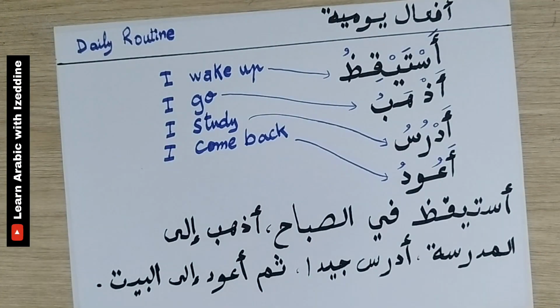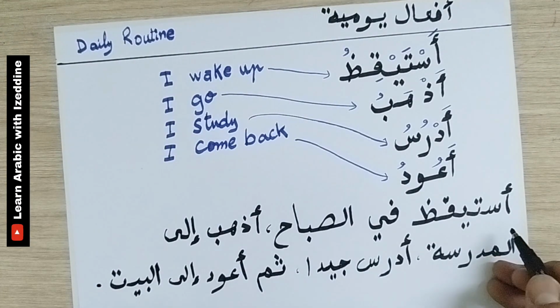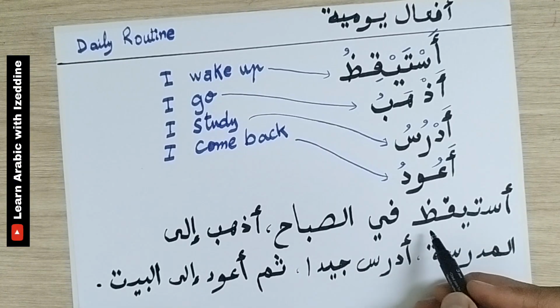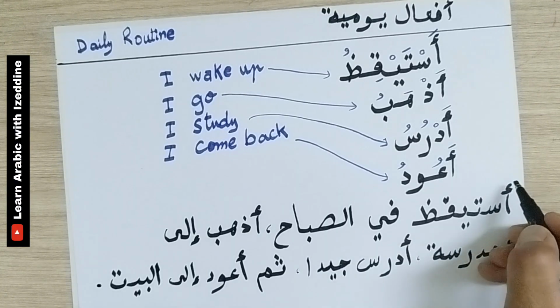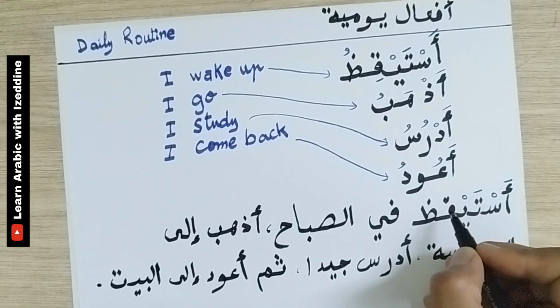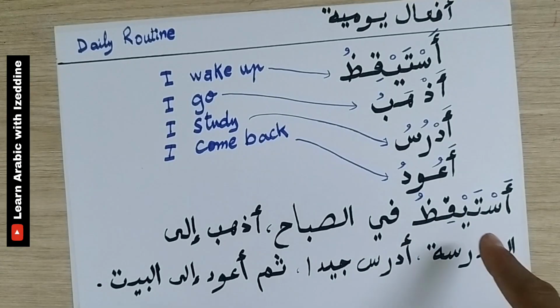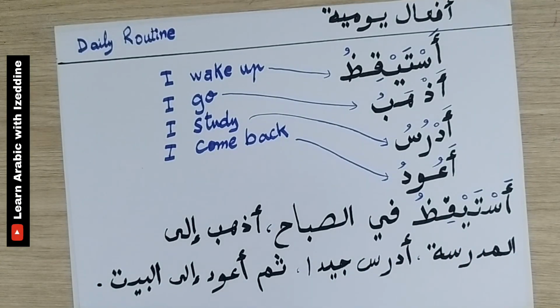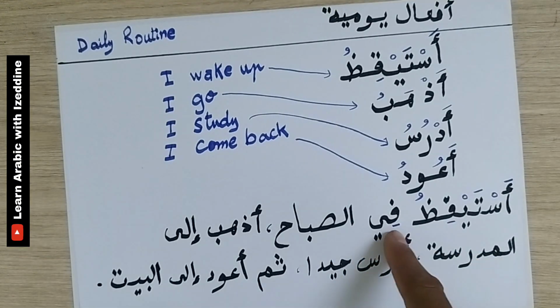Okay? So, word by word. أستيقظ. Yes. Now we put harakat. Good. في.